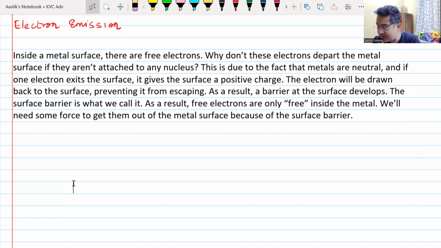They are free electrons. Can they escape the metal just like that? I have an iron rod, and all of a sudden electrons start jumping because they are free. Does that happen? We should provide some energy. They cannot escape the surface of the metal. They are free, but they are only free inside the metal. Inside the metal, they are free to do anything, like inside your class, no one is seeing, and you can do anything.